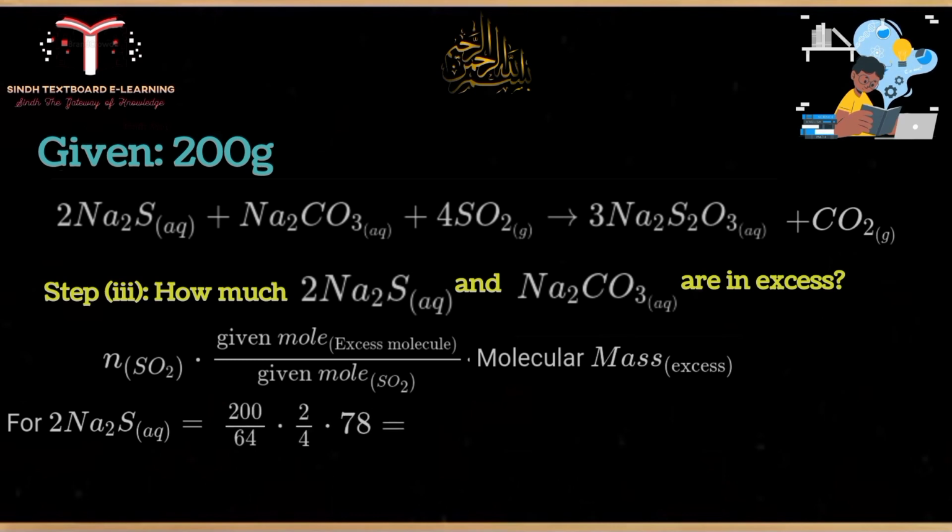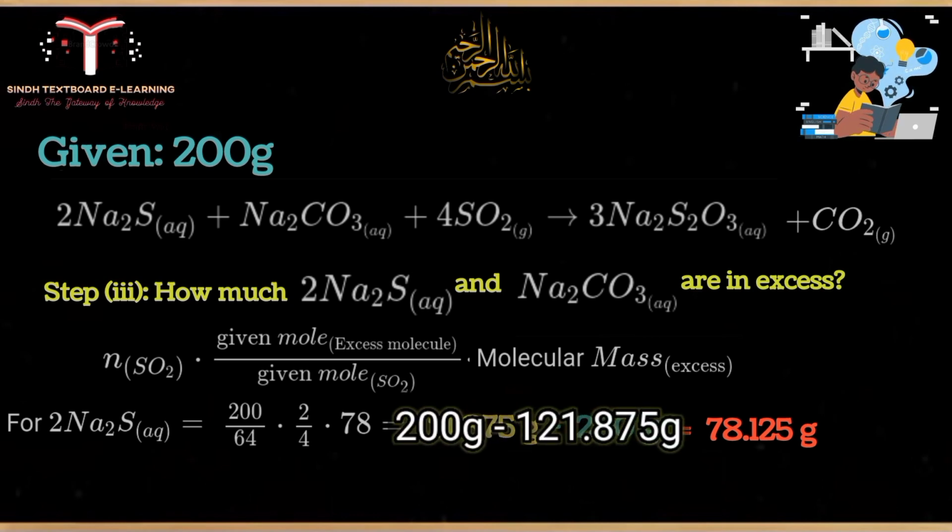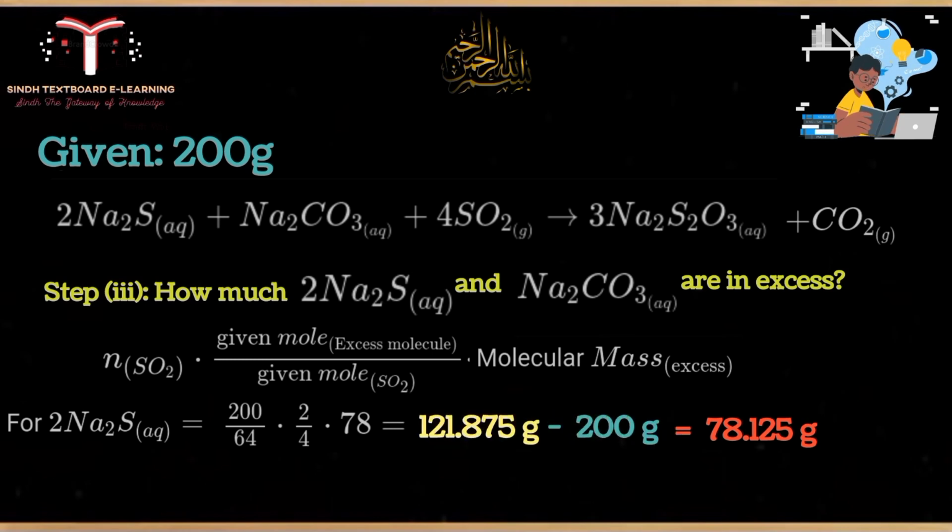Moles of SO2 is 200 divided by 64, multiplied by the given mole in the equation, 2 moles of Na2S, the X molecule, divided by the given mole of SO2 in the equation, which is 4, multiplied by the molecular mass of the excess molecule Na2S, which is 78. We get 121.85 gram. Subtracting it from the total given 200 gram, we get the excess mass as 78.18125 gram.